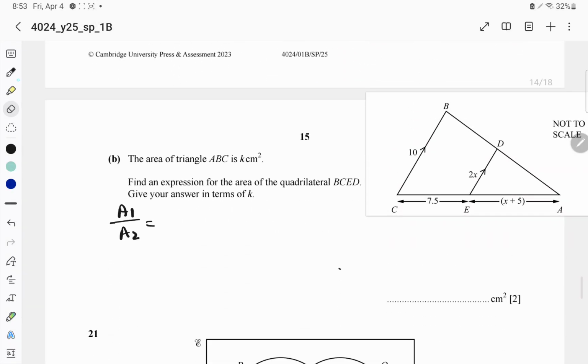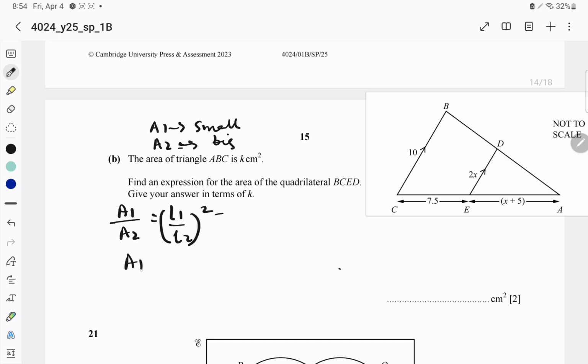A1 is the smaller triangle and A2 is the bigger triangle, and I do the same thing for the lengths. A1, the smaller, is required and the bigger is k, which is given. First I write down the formula, equals L1 upon L2 whole square.